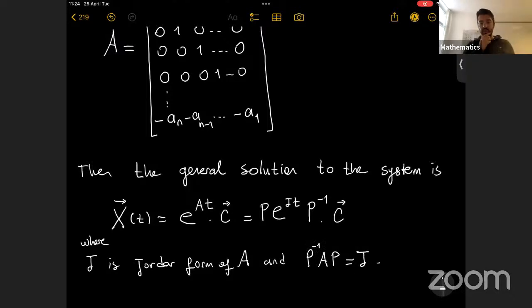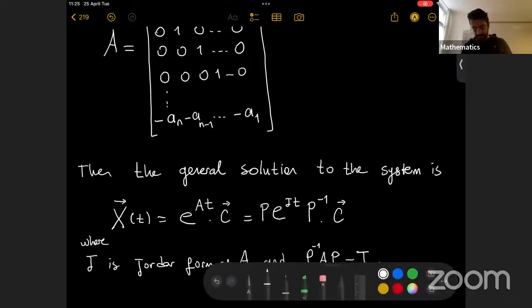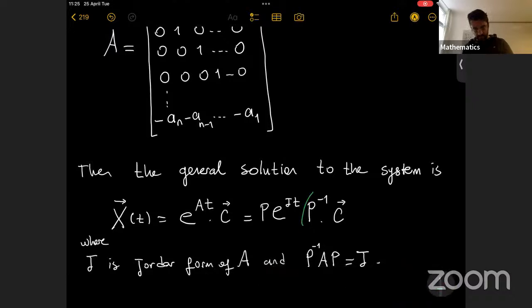We had this. If A is diagonalizable, then we have the similar equation, right? Instead of Jordan form, we have a diagonal matrix. But we have a shortcut here. The nice thing is, when you multiply P inverse with a constant vector, you get another constant vector.